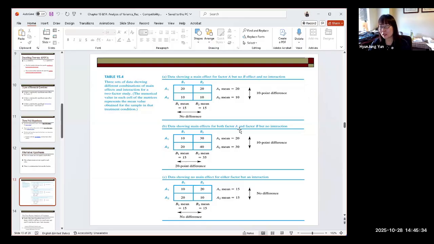What about the second table here on the screen? We see A1 and A2 are different, and B1 and B2 are also different. So that means there's a main effect for the A variable and a main effect for the B variable.